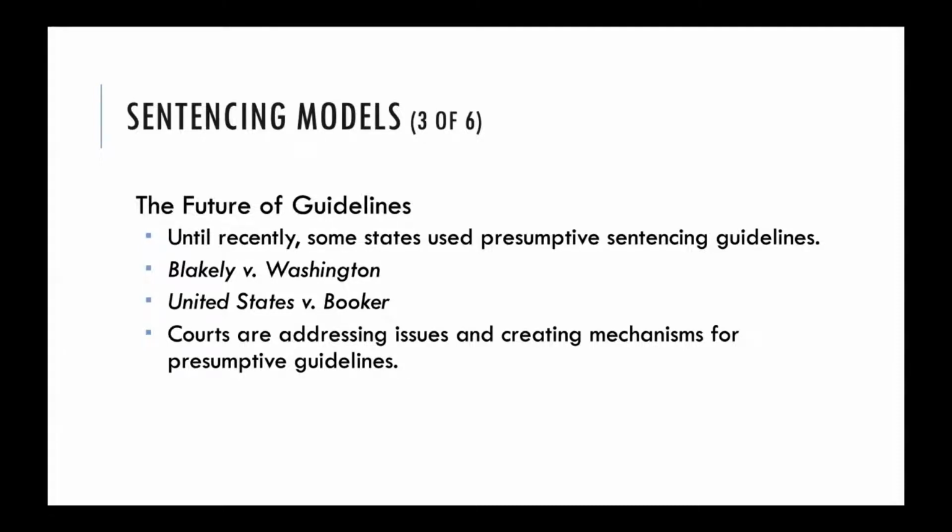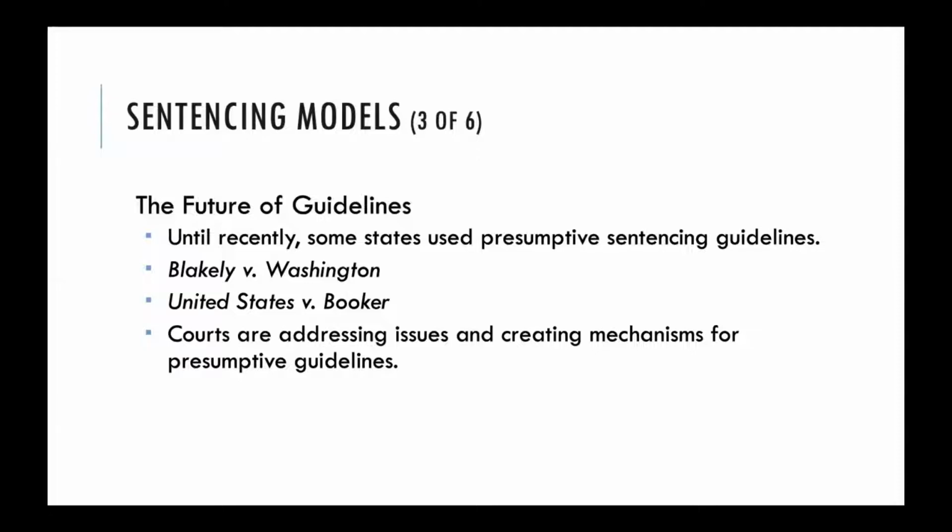Just to be clear, when they're saying the judge determined the offense involved deliberate cruelty, the judge was saying that the offender was, for lack of a better term, a bad person, that they went out of their way to inflict cruelty. But that was the finding of a fact. And the finding of a fact is the job of the jury, not the job of the judge.